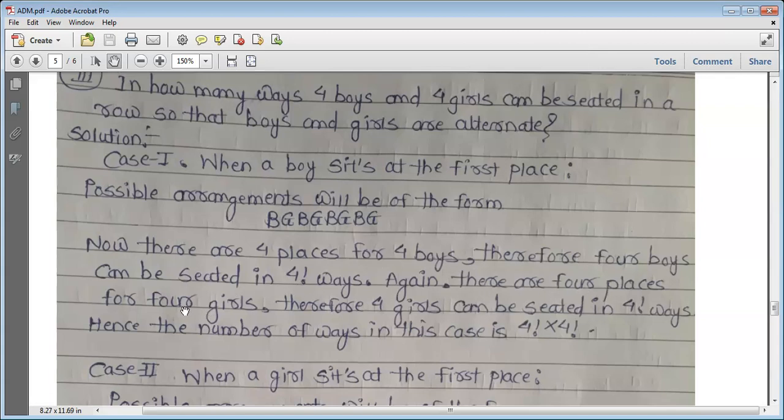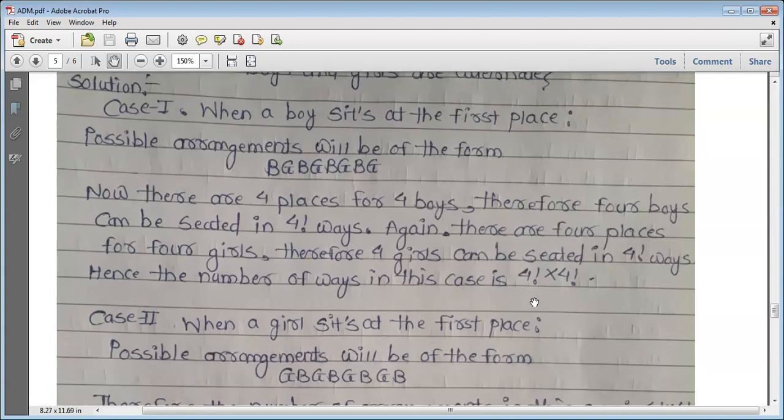Again there are 4 places for the 4 girls, therefore the 4 girls can be seated in 4 factorial ways. Hence, by the product rule, the number of ways in this case is 4 factorial into 4 factorial.